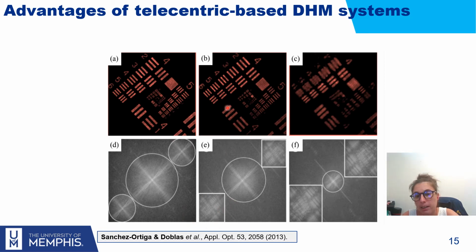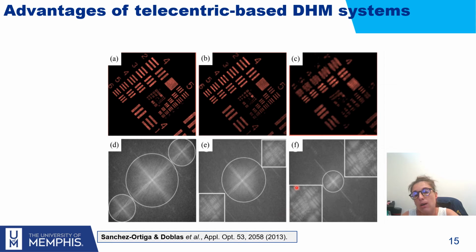So the bigger the quadratic phase factor, the bigger the size of the rectangle. And if you want a really good reconstructed phase image without any distortion, you need to avoid any overlap with the DC term.